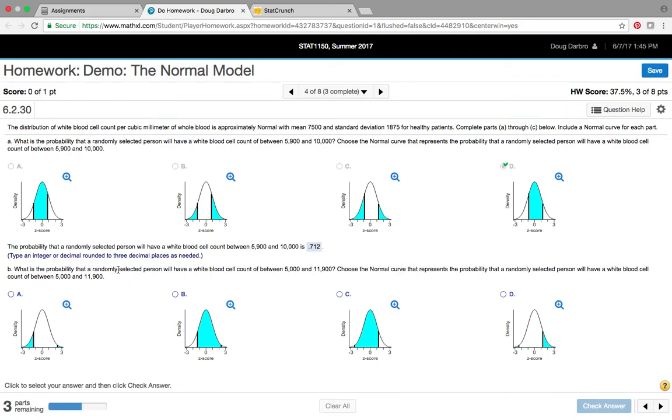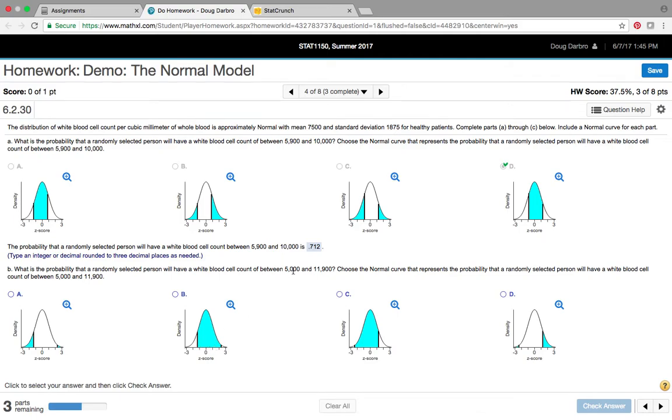What is the probability that a randomly selected person will have a blood count between 5,000 and 11,900? Well, guys, again, we know it has to be one of these that encompasses an area between 2 pieces.